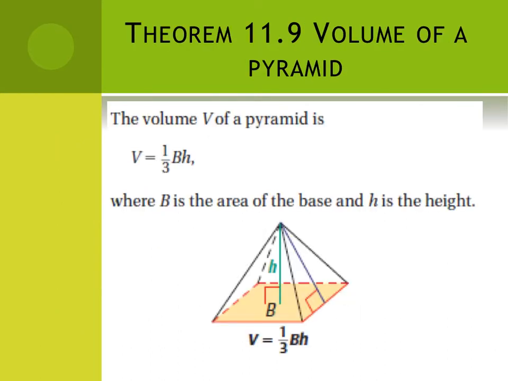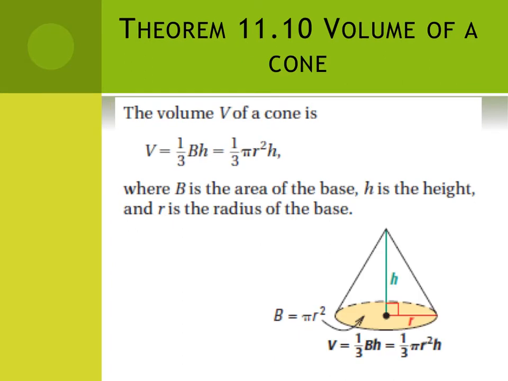So our Theorem 11.9 is the formula for volume of a pyramid. And I actually showed you this on the first slide, where the capital B represents the area of the base, and the H will be the height of the pyramid. So 1/3 times the area of the base times the height. Next is the formula for volume of a cone, Theorem 11.10.